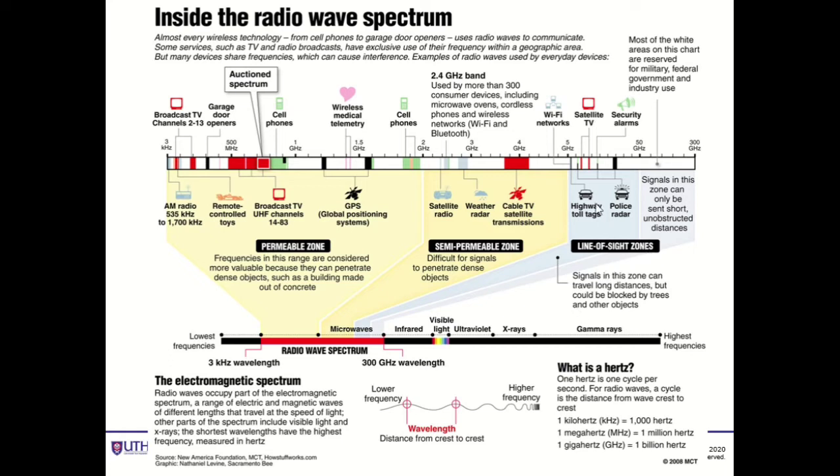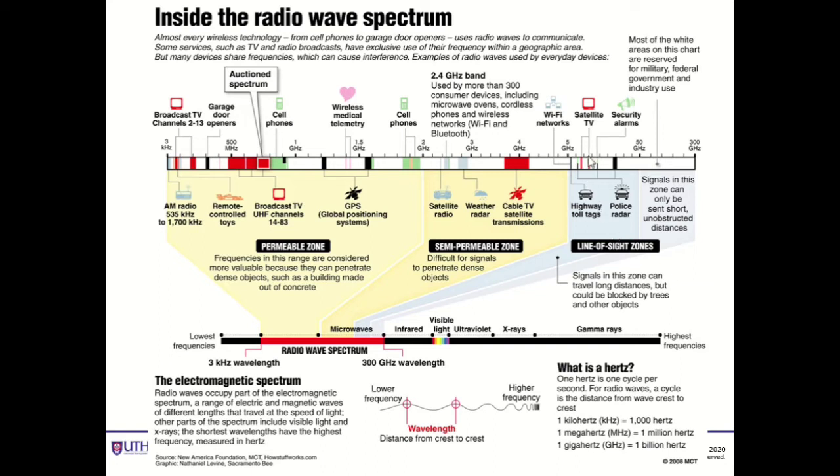In this line of sight, it can travel far away, a few kilometers, similar to the permeable zone. However, it should be in line of sight, where the communication cannot be blocked by any obstacle or object.